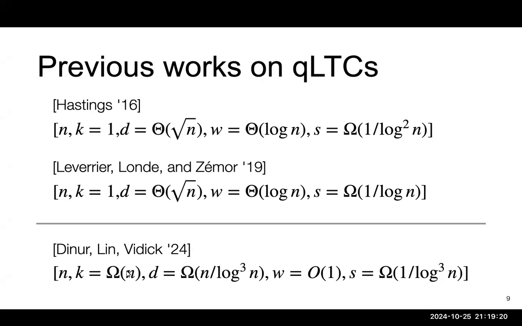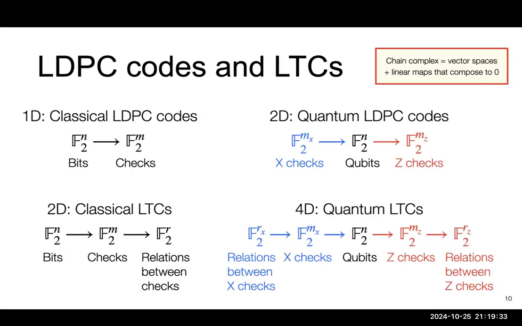What leads to this improvement is actually some of the recent breakthroughs on quantum LDPC codes. Let me describe some of these works. To understand these quantum locally testable codes, it's useful to know some of these siblings.